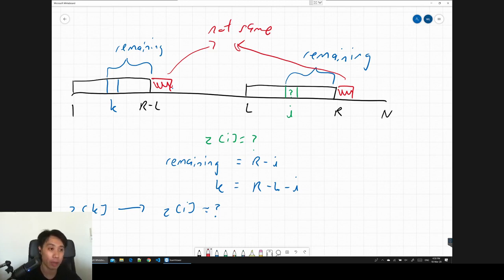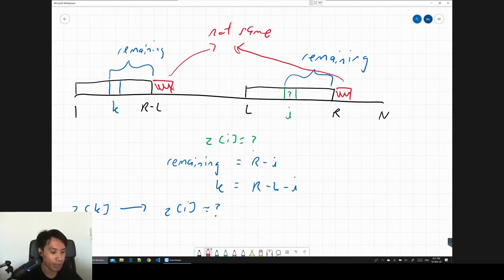Whatever I'm drawing here is something which you should probably see in your exam as well, because a lot of your exam questions about the Z algorithm rely on a visualization of your Z algorithm from the perspective of a very long string and the Z box on the string itself.